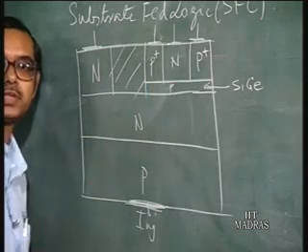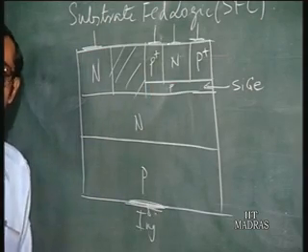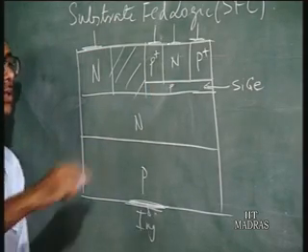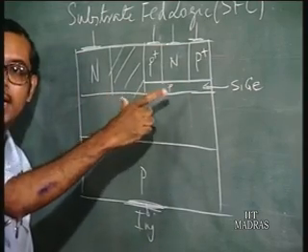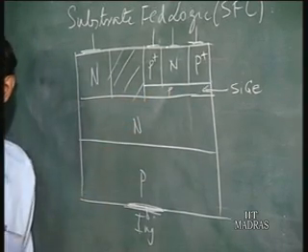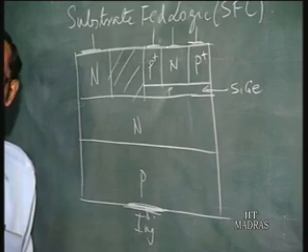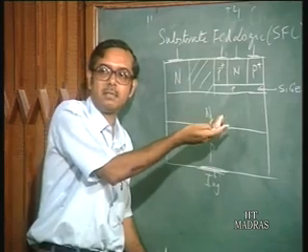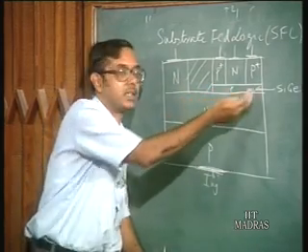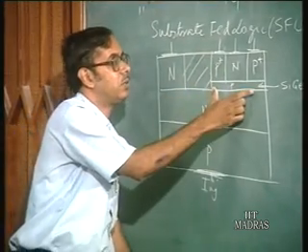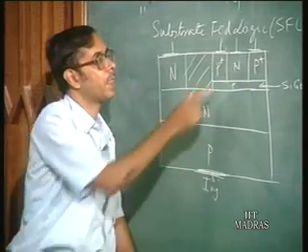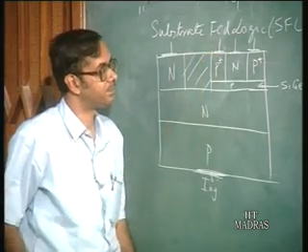This is the only region which is silicon germanium, and the remaining part is silicon. The silicon germanium has been grown epitaxially, and this has been done selectively. Nowadays it is possible to do growth selectively in certain regions where you want silicon germanium. So you have silicon germanium here and the other regions are all silicon.